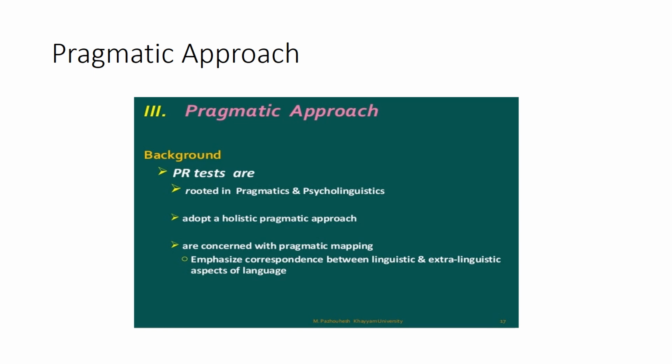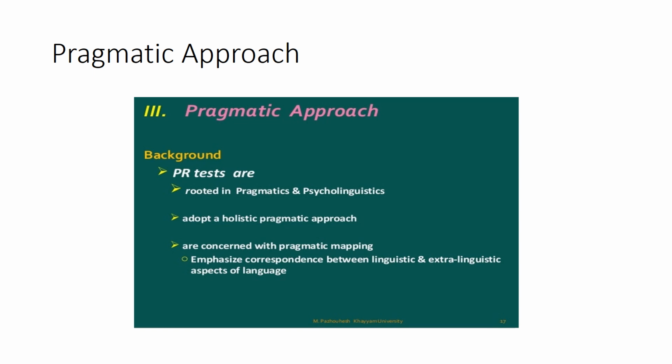So they taught language forms that were used in certain situations to achieve certain functions. For instance, to make an invitation, to make a suggestion, to apologize, to say sorry.